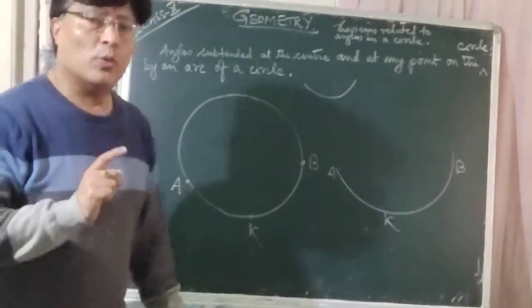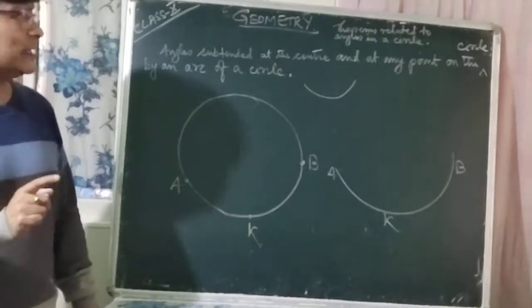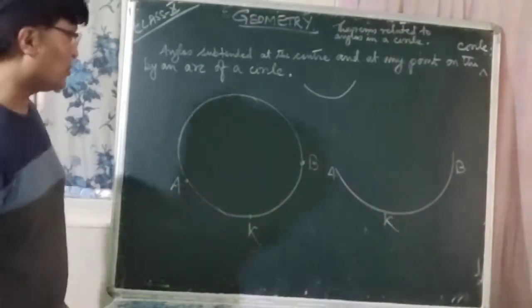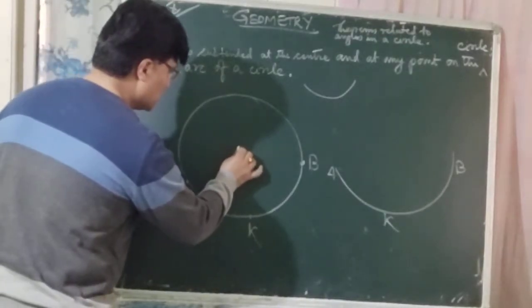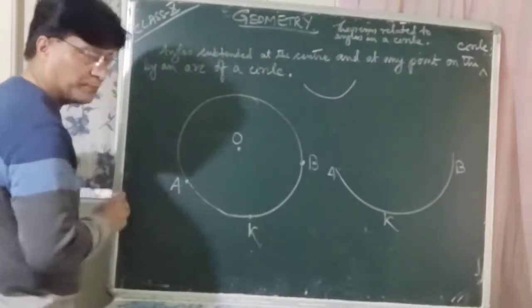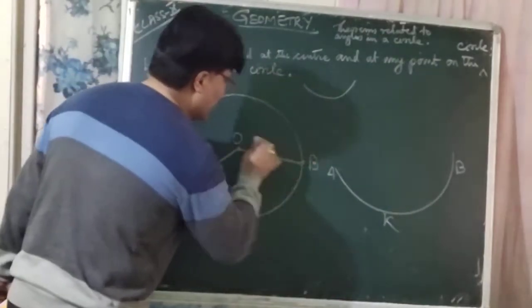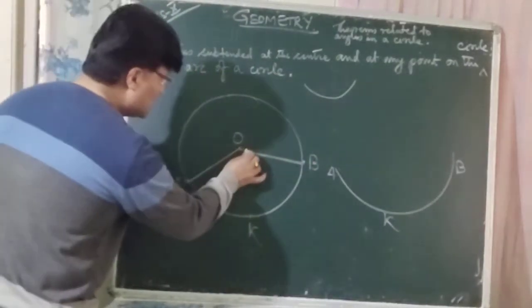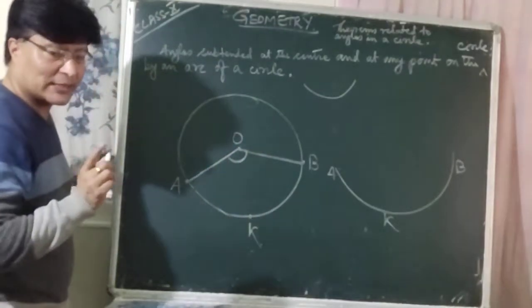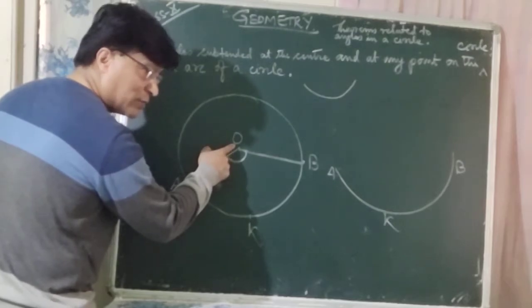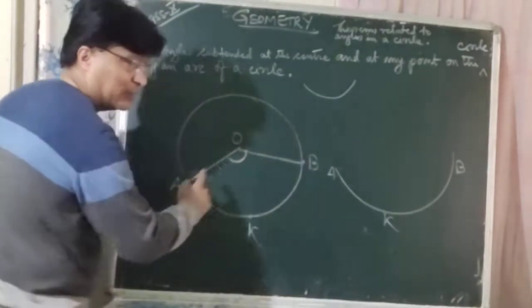So now, what is meant by angle subtended at the center by an arc of a circle? Suppose this is the center of the circle, that is O, right? You join OA and you join OB. This angle AOB is known as the angle subtended at the center O of the circle by an arc AKB.